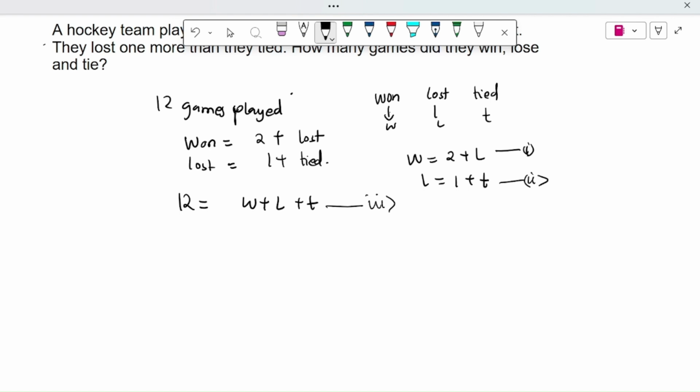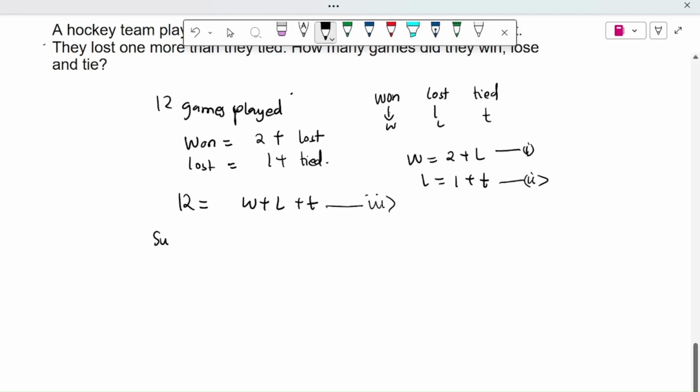We are going to substitute equations 1 and 2 into equation 3.